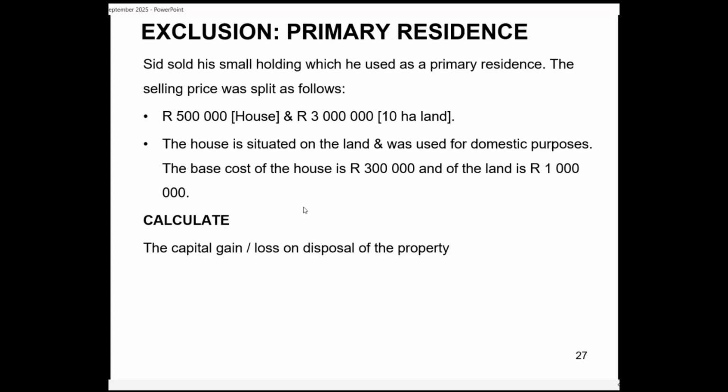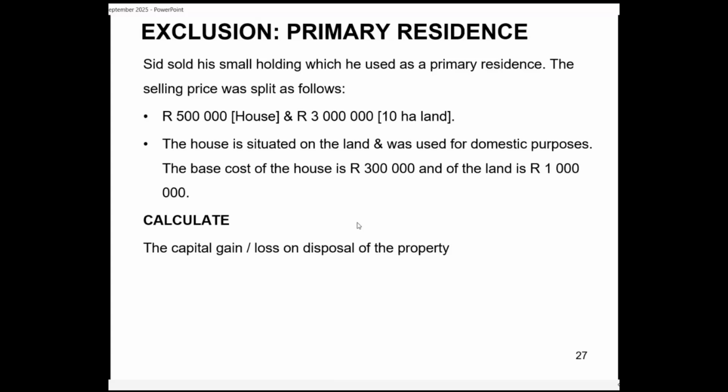The base cost is 300,000 and the land is 1 million. So calculate the capital gain or loss on disposal of the property. I'll give you 10 minutes because I want you to think before you calculate the base cost and the proceeds, and then we'll take it from there.